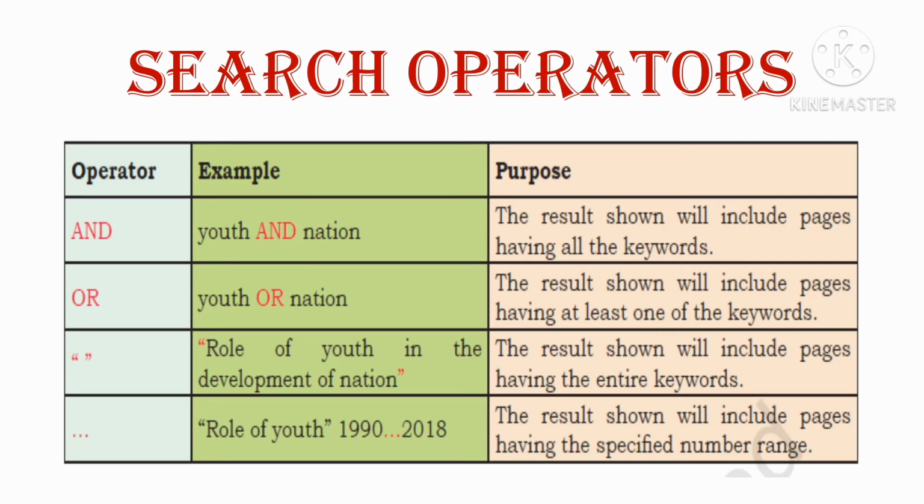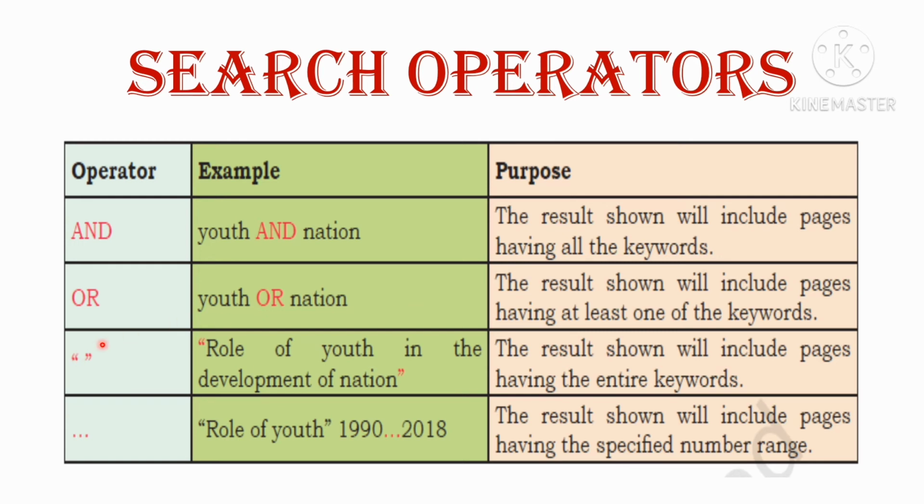In this slide, we are going to see the search operators. When you're using the AND operator, youth and nation, the result page will contain both youth and nation. When you're using OR, youth or nation, the result page will contain at least one of the keywords, either youth or nation.